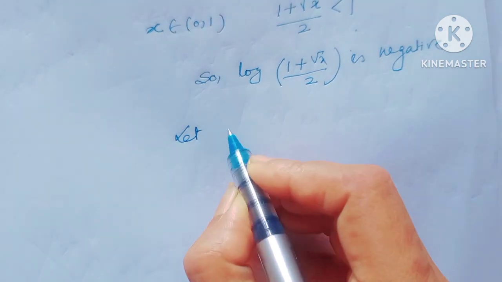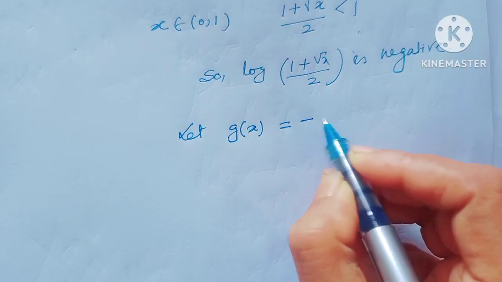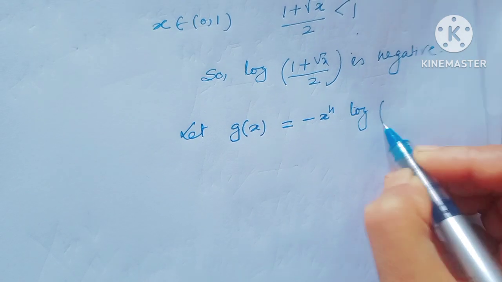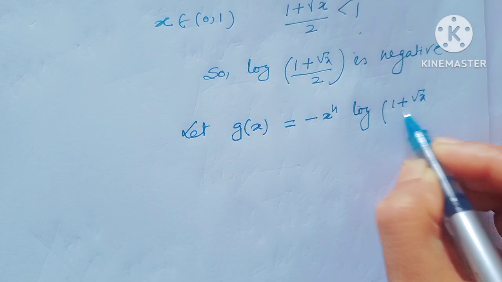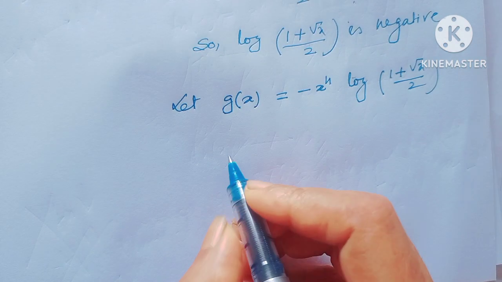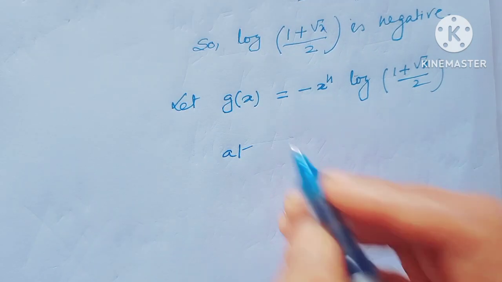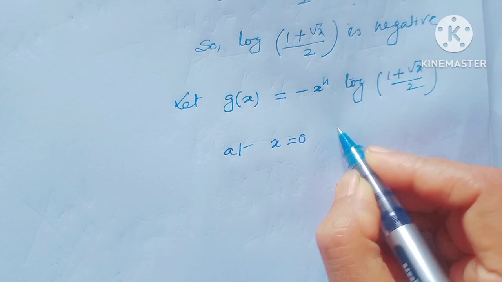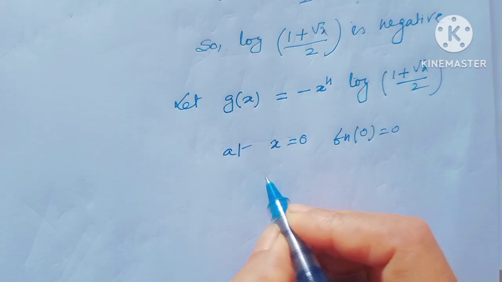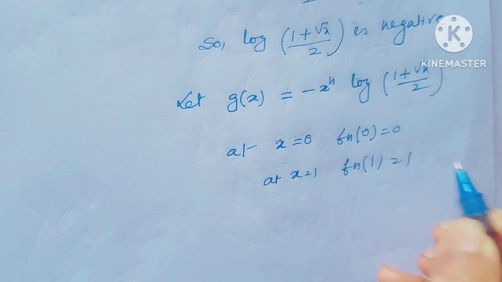Let g(x) equal minus x to the power n log((1 + √x)/2). And notice at x equal to 0, fn(0) equals 0, and at x equal to 1, fn(1) equals 0.